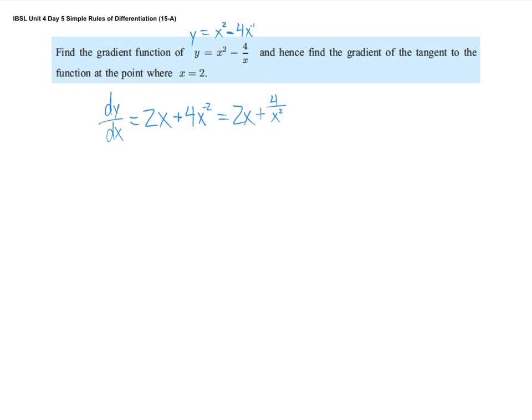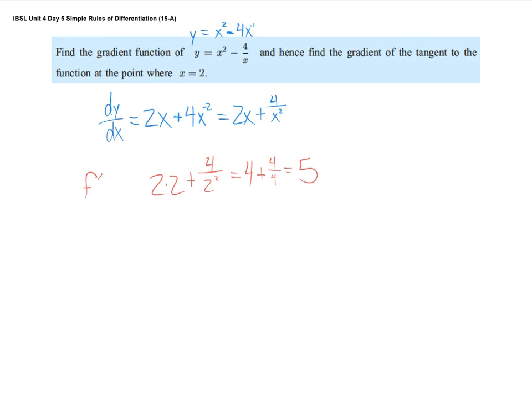Alright, so now I could plug in any value of x I want, and I would know the slope of this original function at that point. Okay, so we want the slope when x equals 2, so we're going to plug in 2. 2 times 2 plus 4 over 2 squared is 4 plus 4 over 4, which is 1, so that is 5.